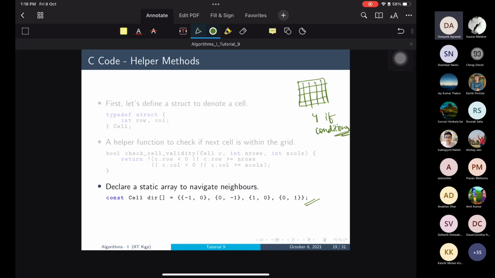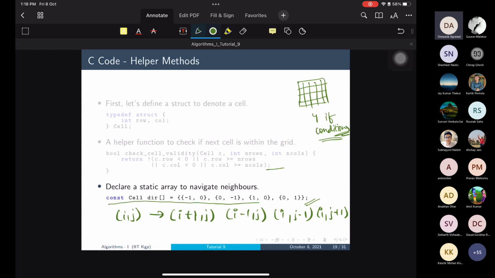We are at i, j now, and we can move to i plus 1, j, i minus 1, j, i, j minus 1, i, j plus 1. Students check this 4 times and then do the DFS in all those 4 if conditions. This is a better, more elegant approach.